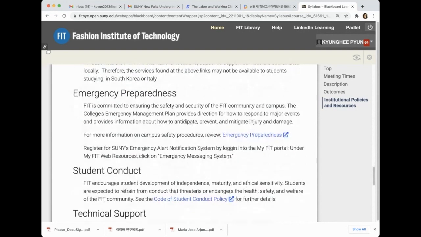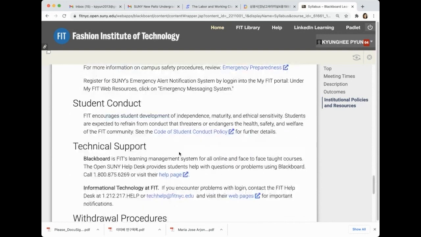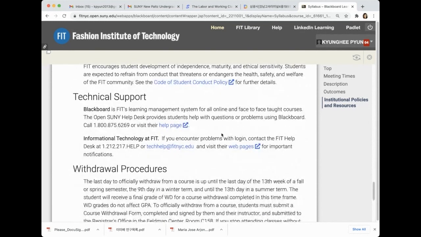And if something happened in the school building, you will get an alert. We don't really have snow days, not those kinds of things. And then student conduct, technical support. If you have some problems with Blackboard, usually it's not me who solves the problem. It's usually the Blackboard support system. I call that help desk very often. As you can imagine, I want to solve problems very quickly, so they remember my voice.